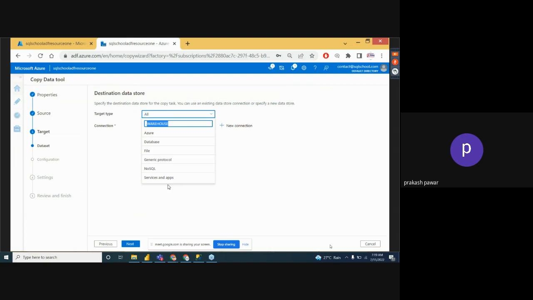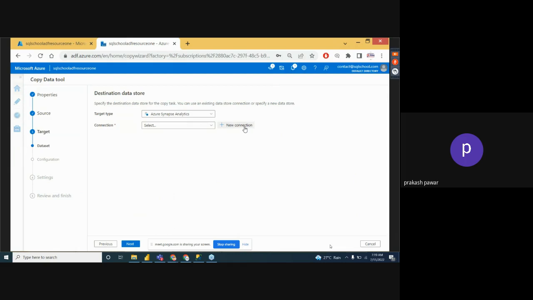Synapse. Exactly. Then we get the required connection type. Type Synapse. Select Synapse Analytics. Then new connection.